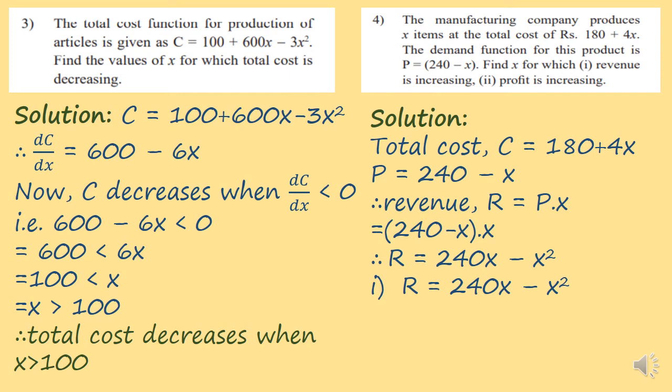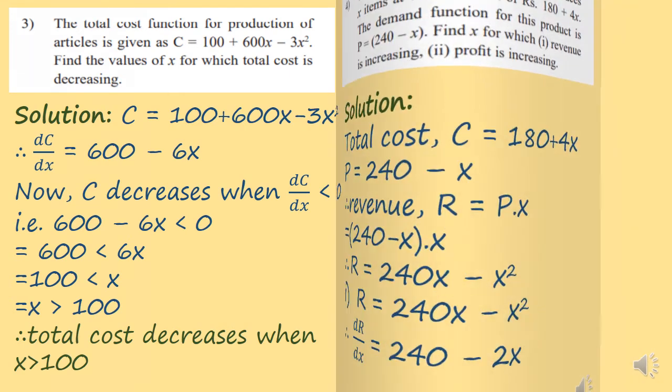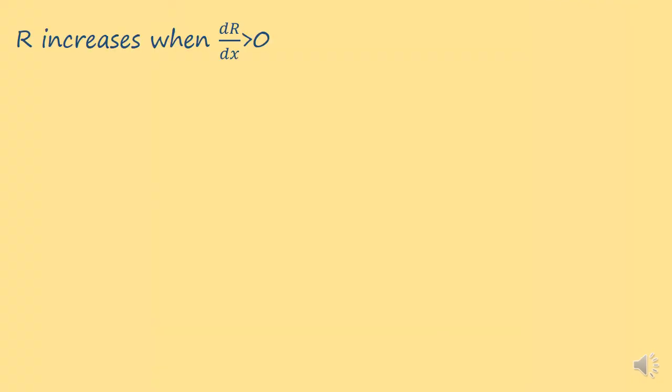In the first case, we want to find when the revenue is increasing. For that, our function is the revenue function, which is 240x minus x square. We find the derivative of revenue with respect to x and get 240 minus 2x. Now, revenue increases when its derivative is positive.